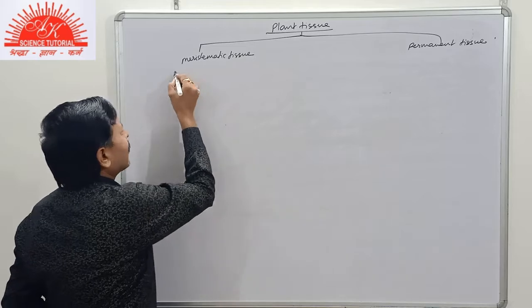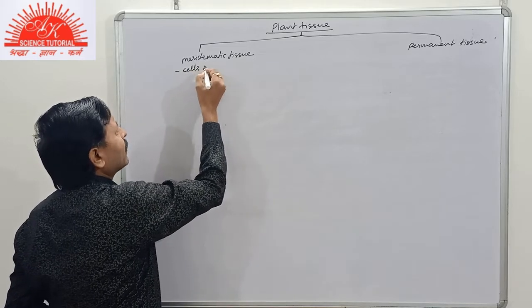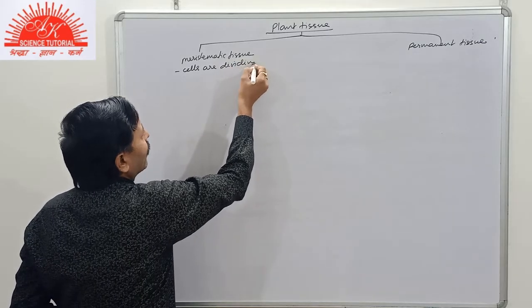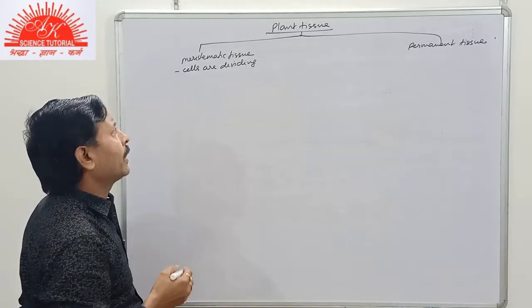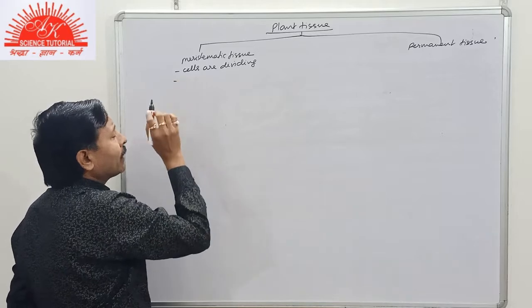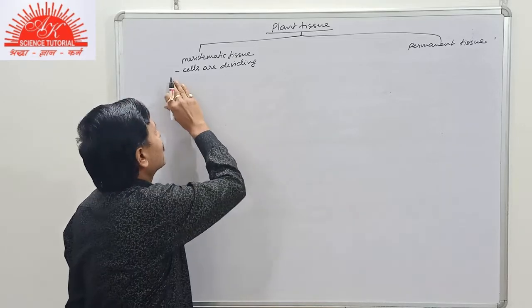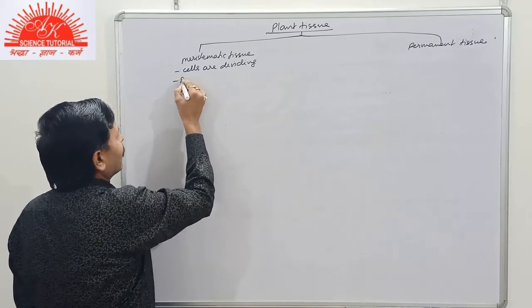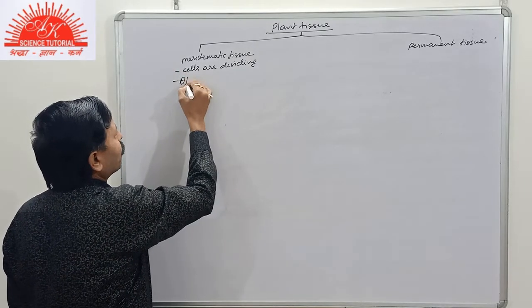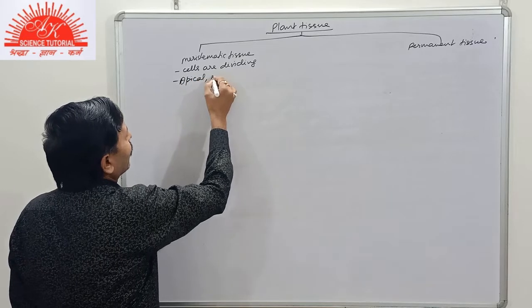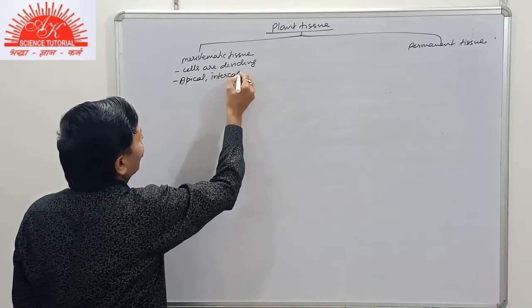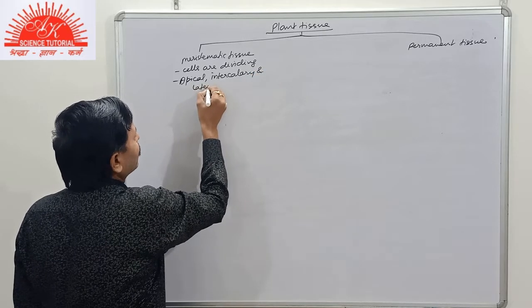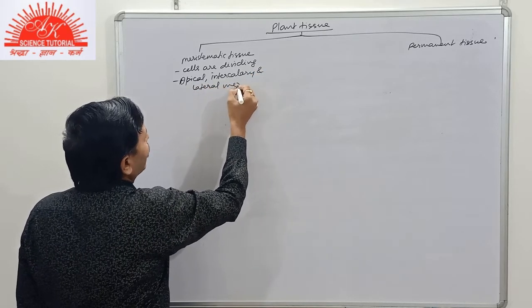As we have seen, in meristematic tissue cells are dividing, and we have studied that there were 3 types of meristematic tissues, that is, apical, intercalary and lateral meristems.